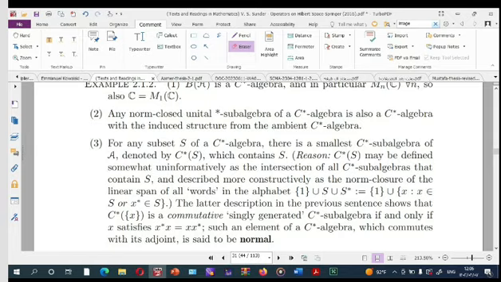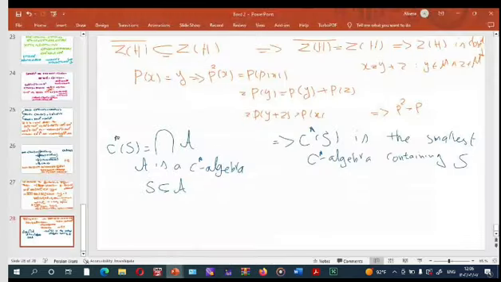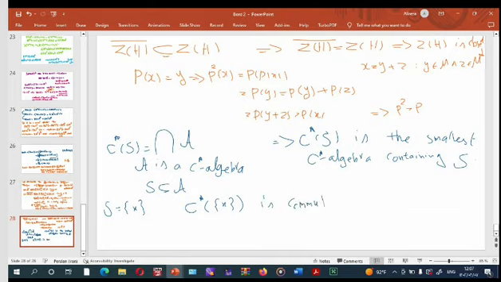It is very trivial, because if we consider S equal to the singleton x, then C-star of x is commutative if and only if we have this equality.